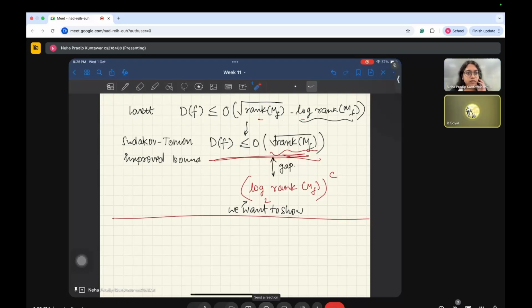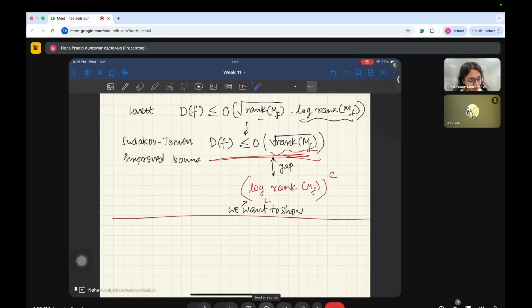But since this belongs to the complexity class D, and F is about the communication complexity, it would mean that we need to communicate something, probably the rank, or something related to the rank.